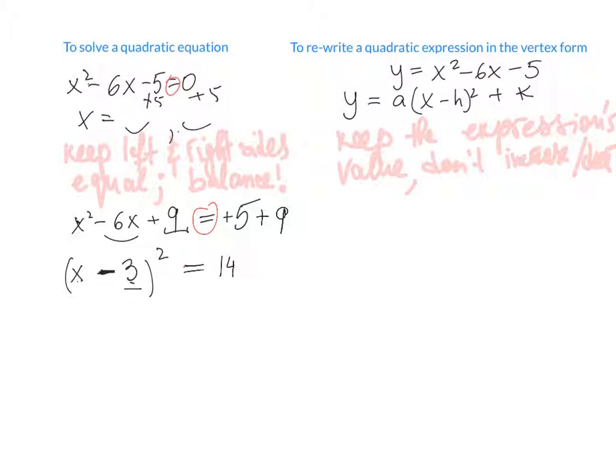I'm almost done. Now I need to unsquare both sides, remembering that when we unsquare, it could be either positive or negative. Oops, square root. Finally, I add 3 to both sides, so I have 3 plus minus square root of 14.